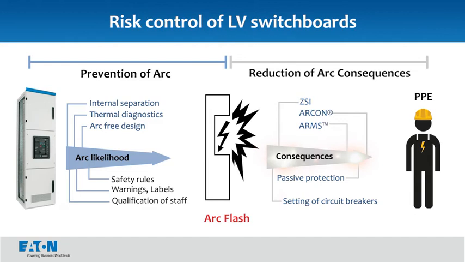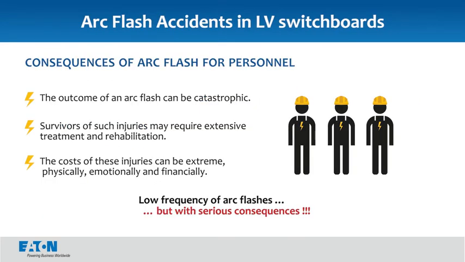If the thermal effect of arc flash is not mitigated enough, personal protective equipment, PPE, should be used. The human body is very sensitive to higher temperatures, and the consequences of arc flash for personnel can be very serious.